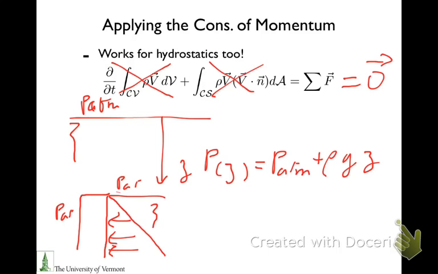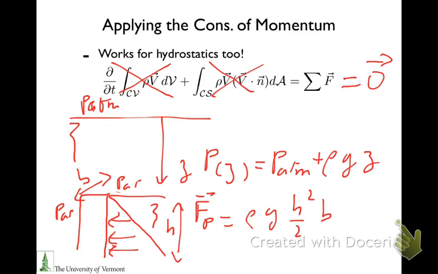Then if we consider the gauge pressure, then the total force of pressure, if we have a height of fluid h, so Fp is equal to rho gh square over 2 times b, b being the width of our system, times I, if we define I this way. Okay? So with this, you should be pretty much all set for this exam. Good luck.